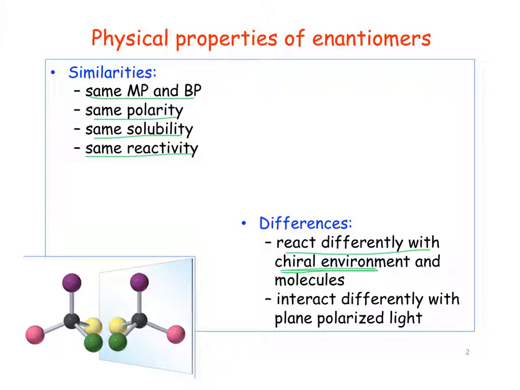So the way that we can tell the difference between those is to use a method which interacts differently with different enantiomers. And so the approach that we're going to use is to look at the interaction of the chiral molecules with what's called plane polarized light.